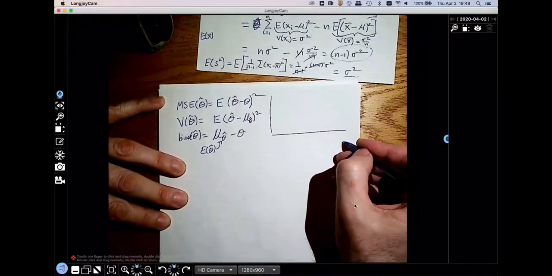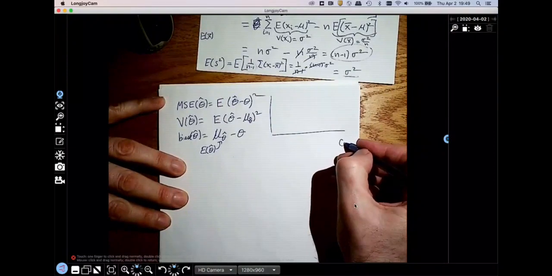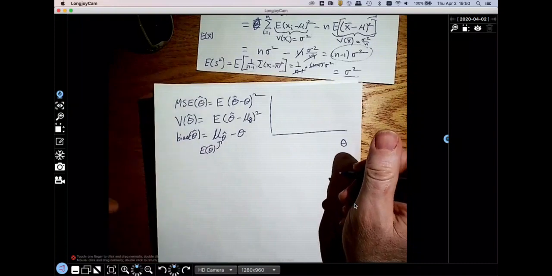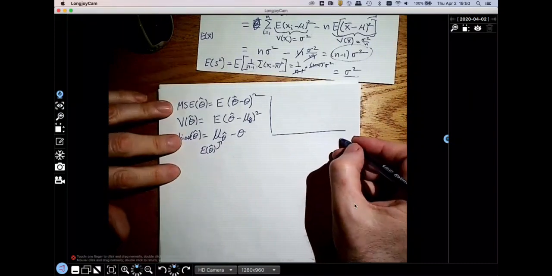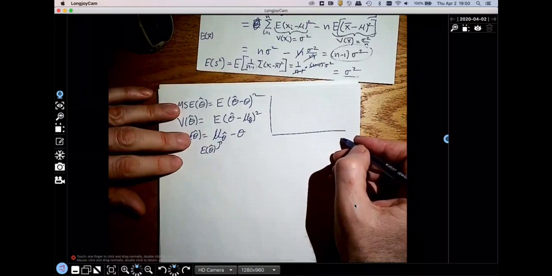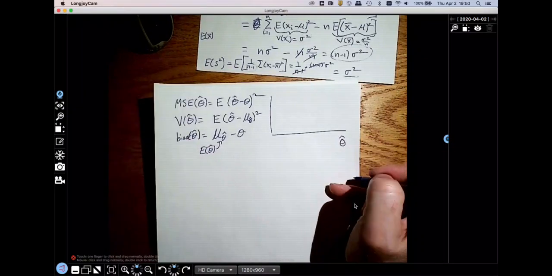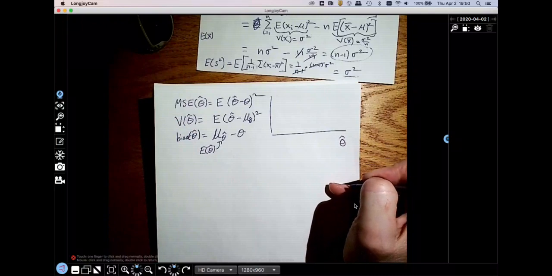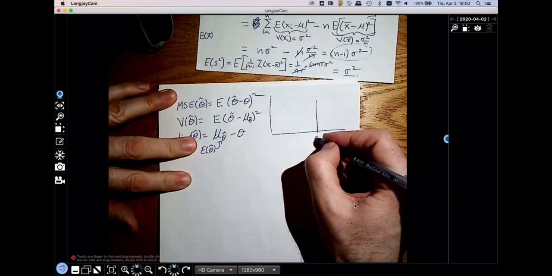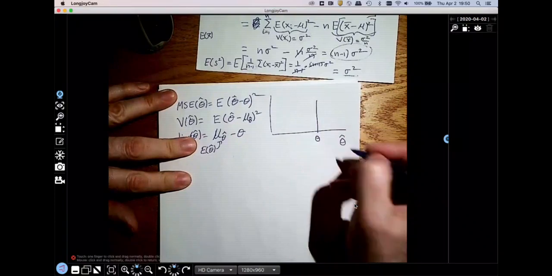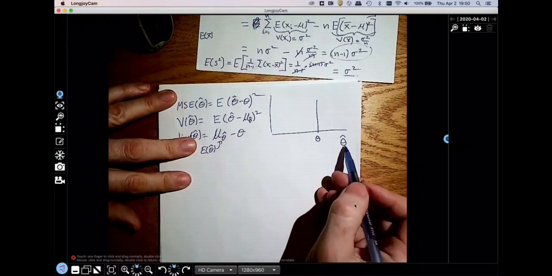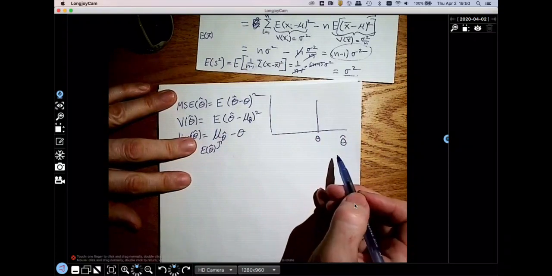If we had a single parameter, theta hat could be a vector also, but let's not go there right now. So let's say we have a single thing that we're estimating. This could be S squared as an example. And then somewhere out here is the value of theta, the true value of theta. I'm going to plot the sampling distribution of theta hat.